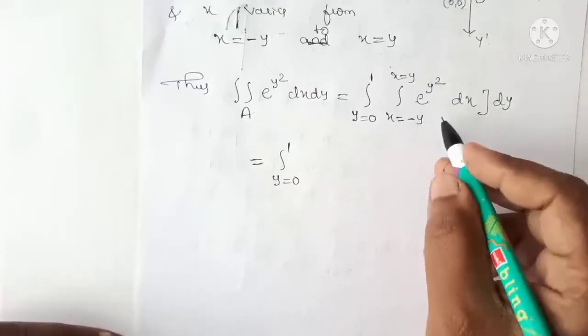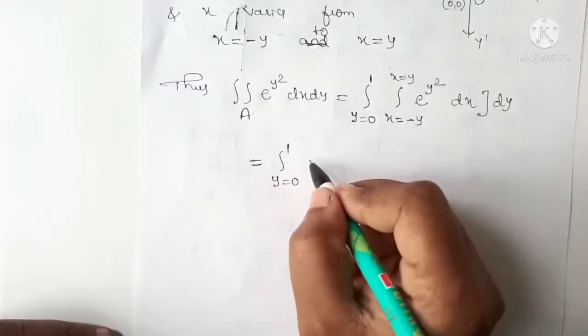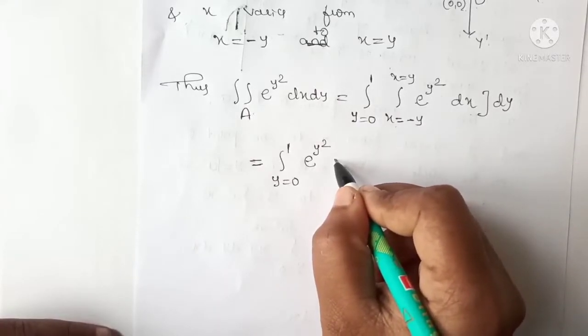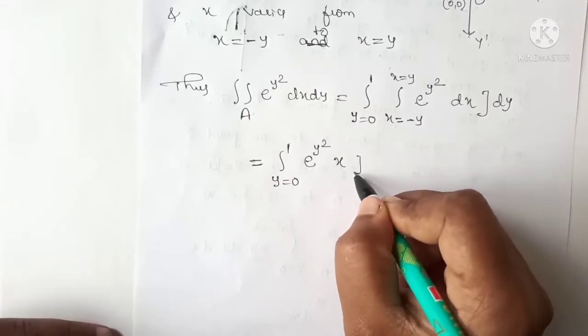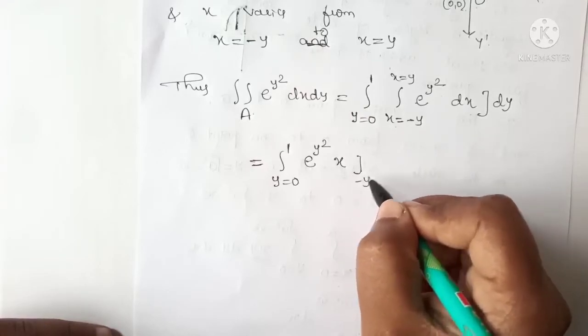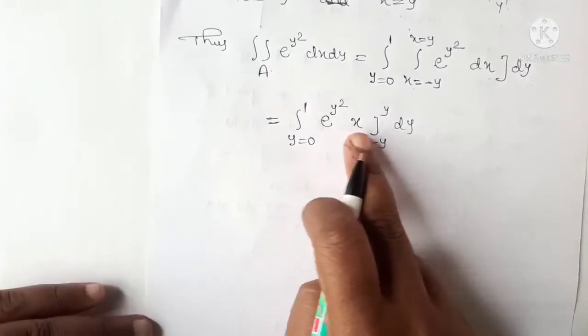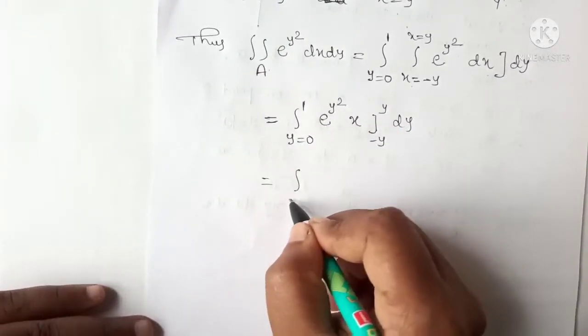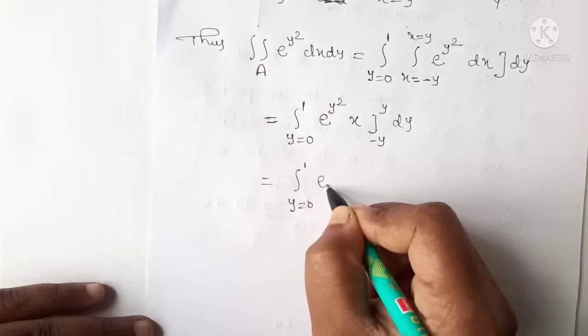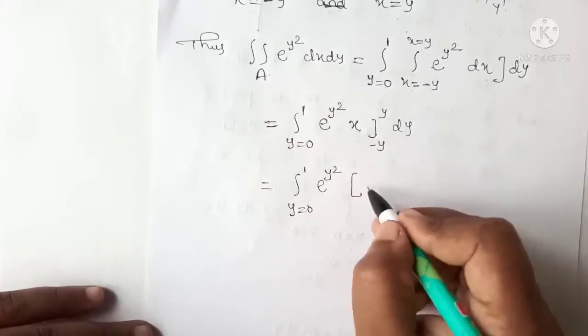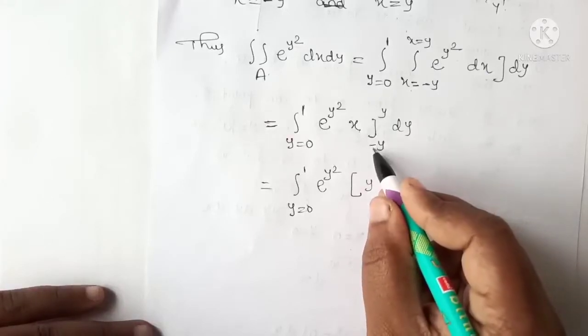So integrating, y from 0 to 1, e power y square with respect to x, e power y square being constant, the integration of x is x, and the limits are minus y to y, into dy. Substituting the values we get e power y square as it is, and in the place of x we substitute y minus the lower limit.